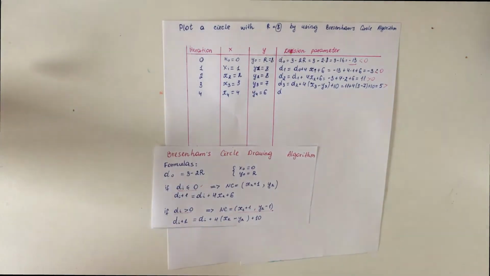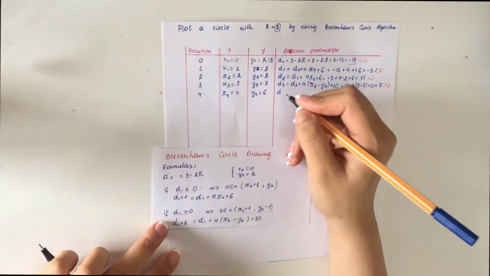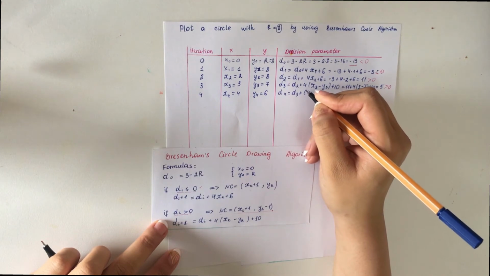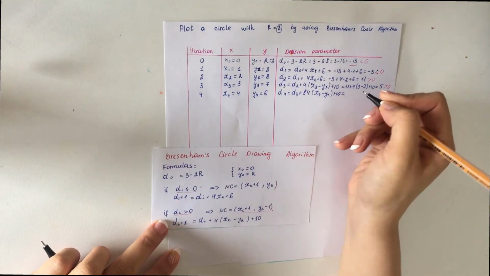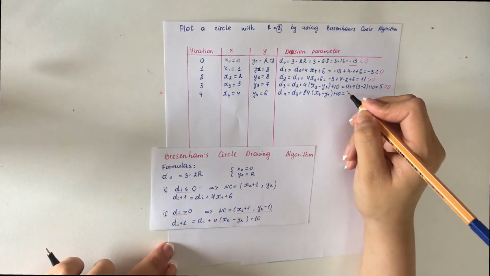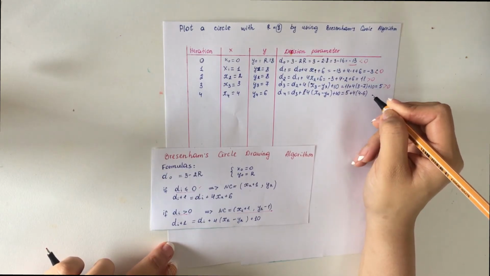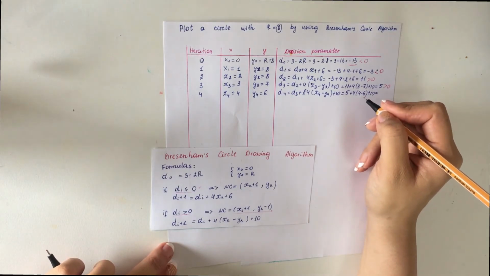We have to continue the algorithm until we reach the point where the value of the x coordinate is more than or equal to the value of the y coordinate. So let's calculate the fourth decision parameter. We will use the same formula as previously, because the value of the previous decision parameter was more than 0. So we are using the second formula again.